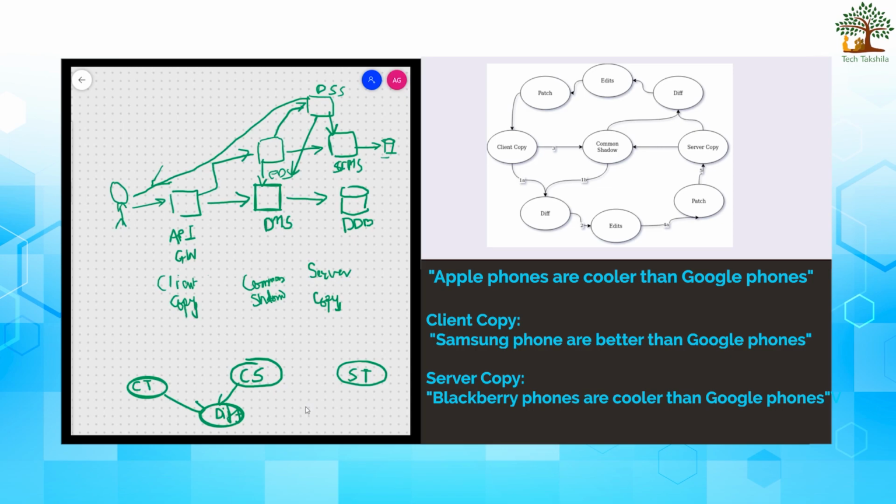This one has already made its way to the server copy. So we have replaced Apple with BlackBerry at this point. Since the server doesn't know what changed BlackBerry to Samsung, it will discard the change that is made to the common shadow while syncing back to the server text.